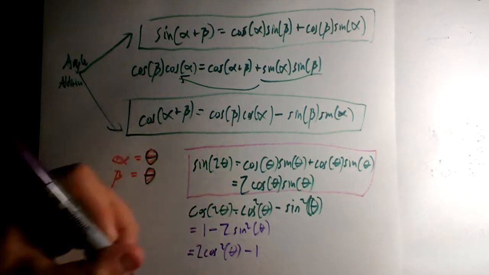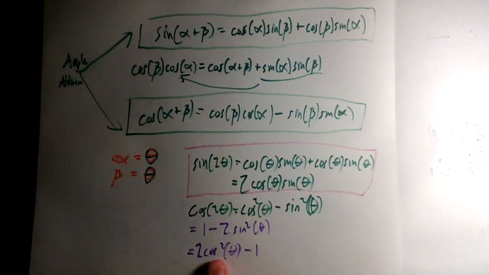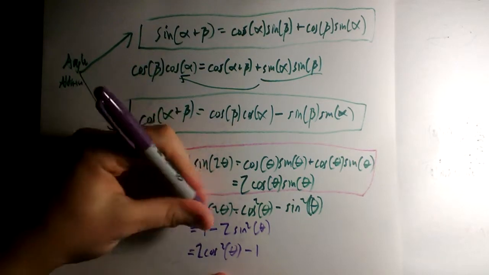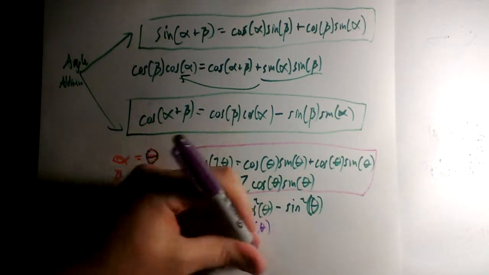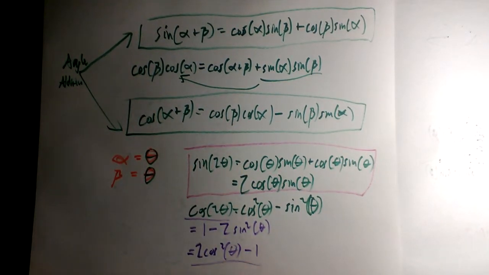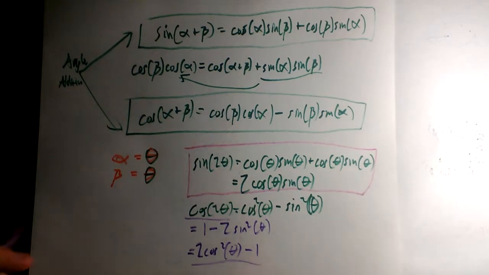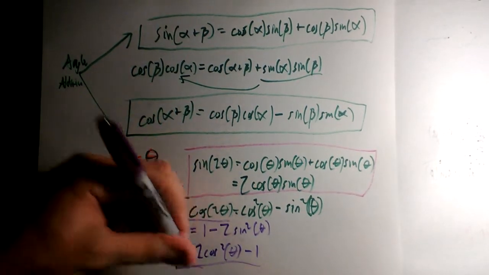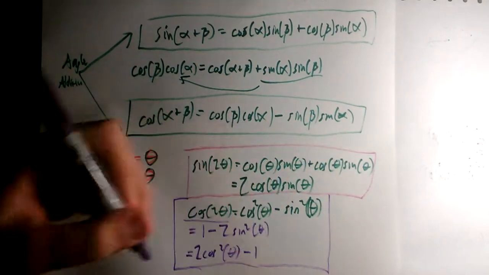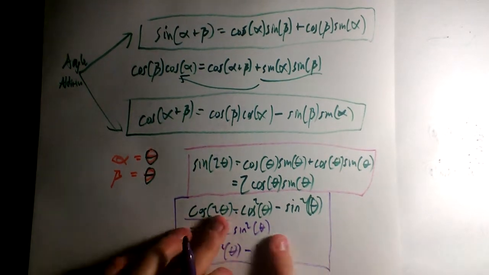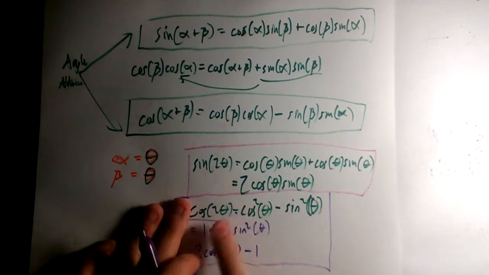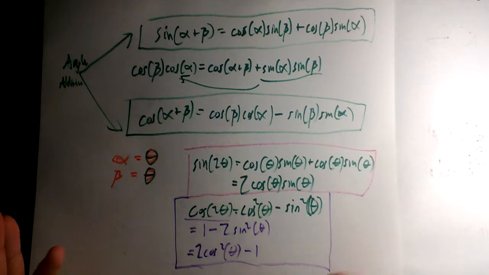So now we have 2 positive cosine squared thetas. This is awesome. Cosine 2 theta is equal to 2 cosine squared theta minus 1, or 1 minus 2 sine squared theta, or cosine squared theta minus sine squared theta. It turns out that this one is a little more helpful because you can easily convert a sine squared into a simple cosine. Nice.